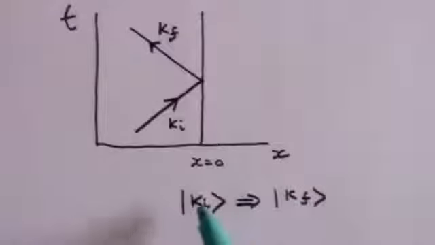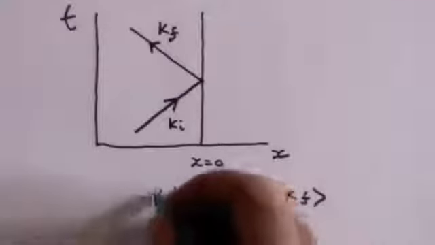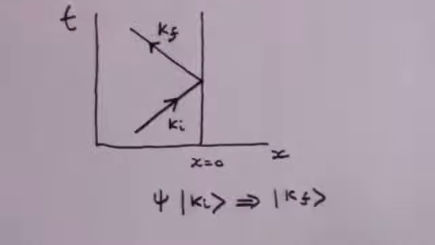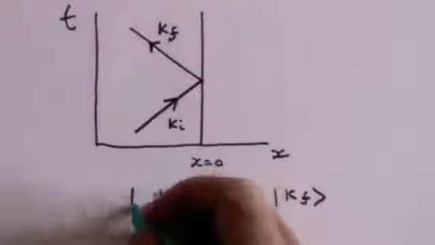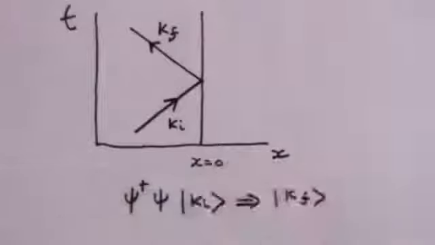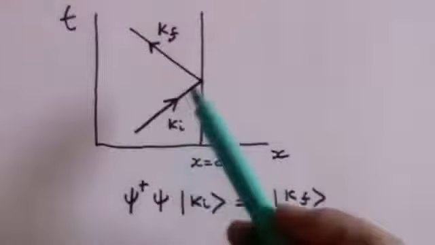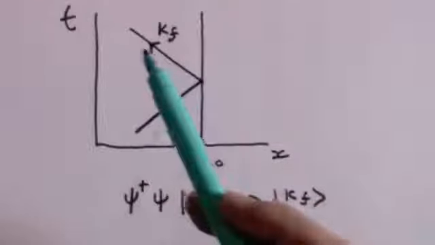Well, in quantum field theory, what you do is you annihilate this particle, so you apply the quantum field operator that will annihilate ki, and then you put in the quantum field operator, the creation operator, that will create kf. And in terms of quantum field theory, that's what has happened. This particle has been annihilated, this particle has been created.